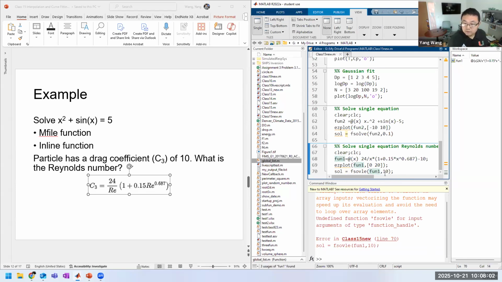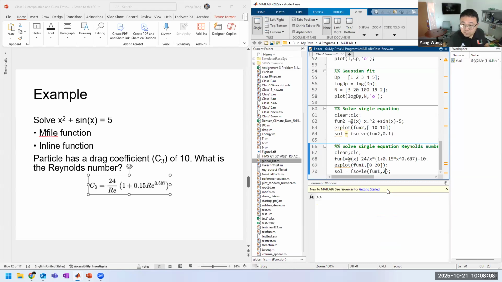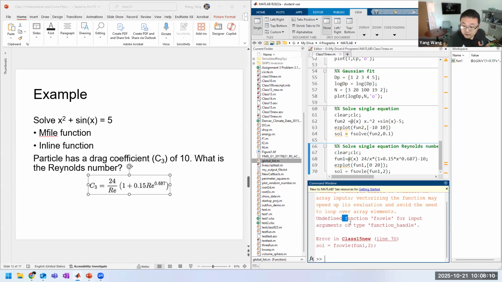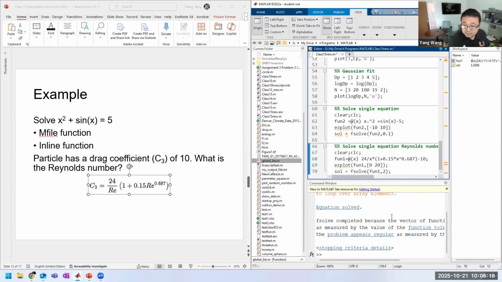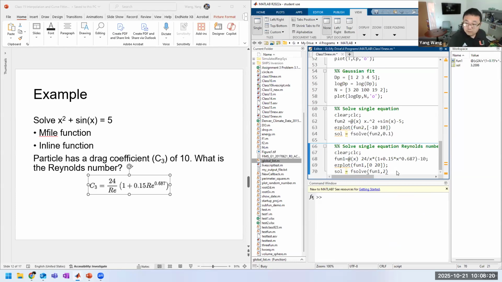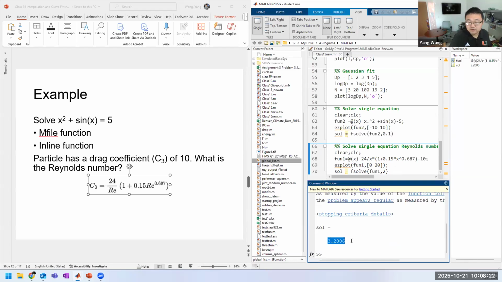It looks like we have to define a function handle here. Let's see. Undefined function fsolve, or should be fsolve, SOLVE. Okay. All right. So this is solution 3.2.